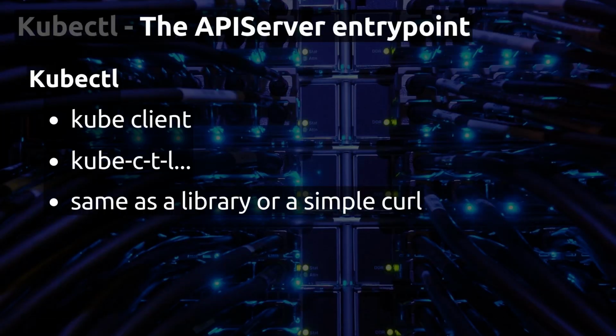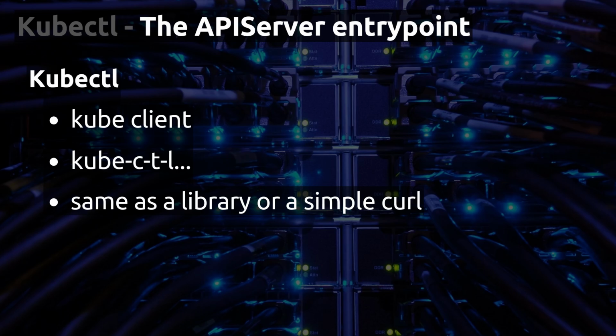Kubectl has several ways of pronouncing. For example, we can pronounce kubectl or kubeclient, but it is the same thing, like a Python library or Golang library that can do the same.